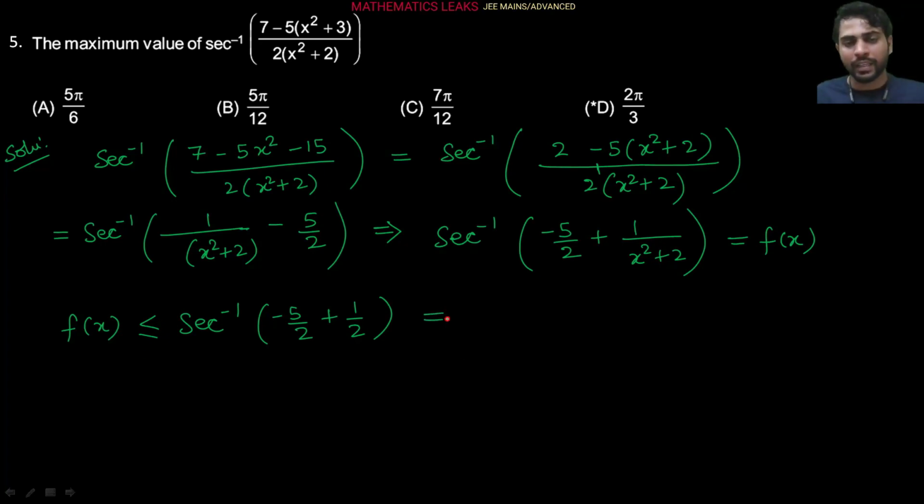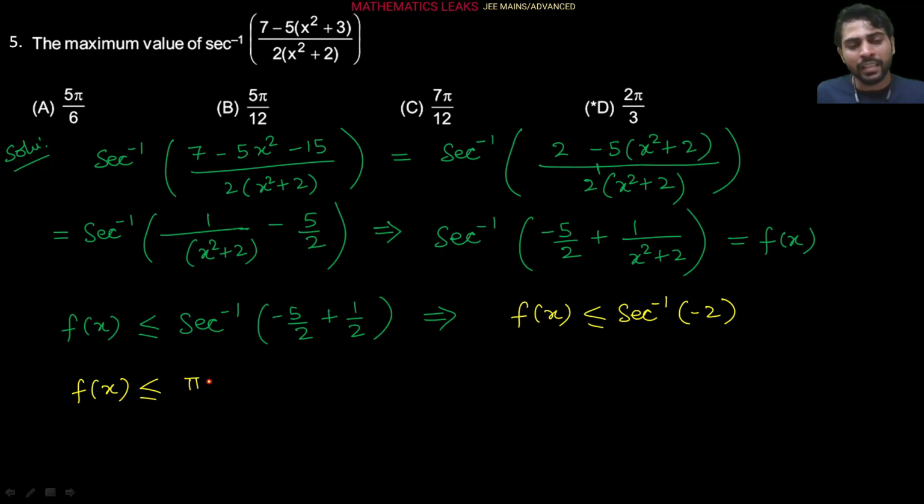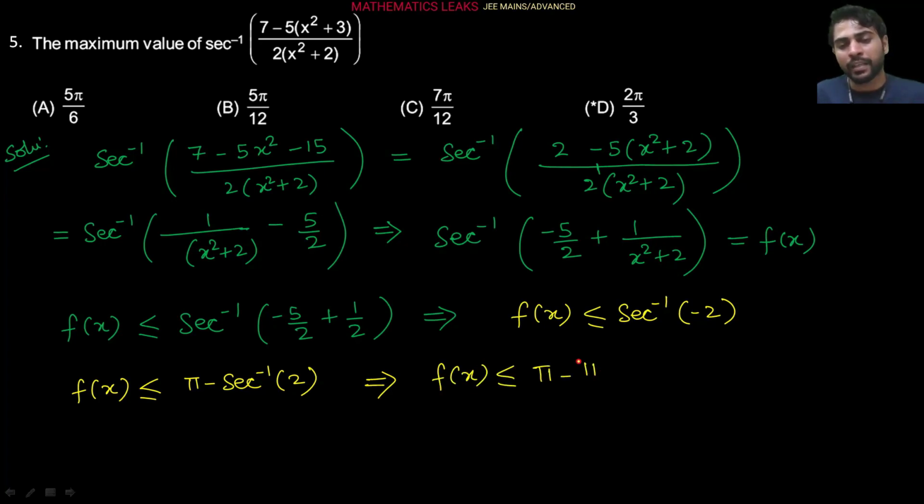So from there we are getting that f(x) must be less than or equal to secant inverse of minus 2. Further, using the inverse trigonometric property, f(x) must be less than or equal to pi minus secant inverse of 2, which is nothing but pi minus pi by 3.